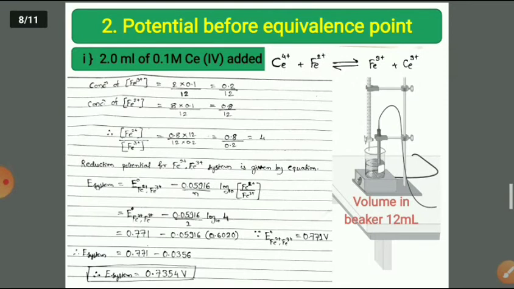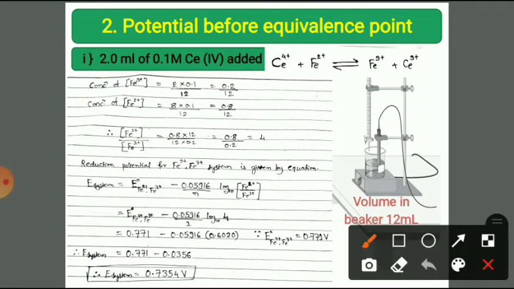Now we will try to calculate the potential before the equivalence point. From here on we will add the cerium 4 plus solution from the burette into the beaker. After every addition we will calculate the potential of the system.